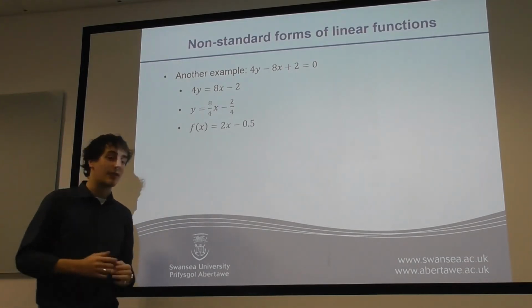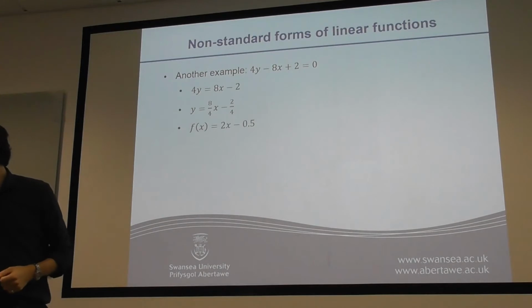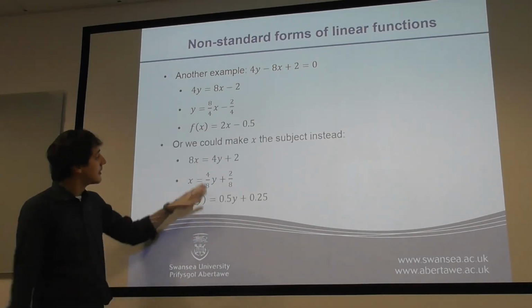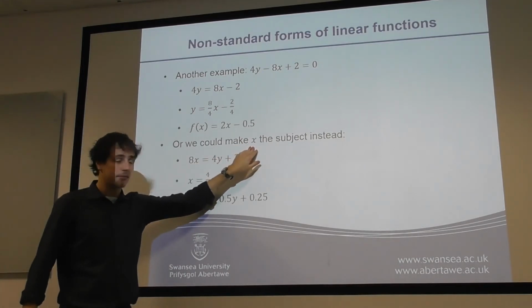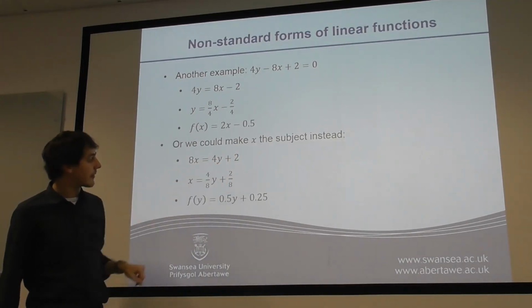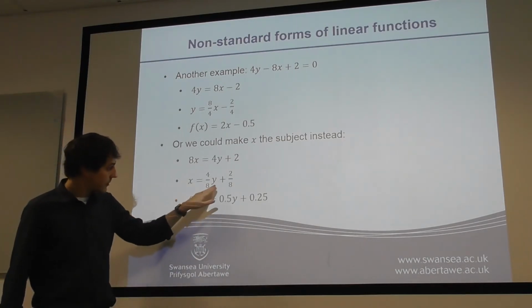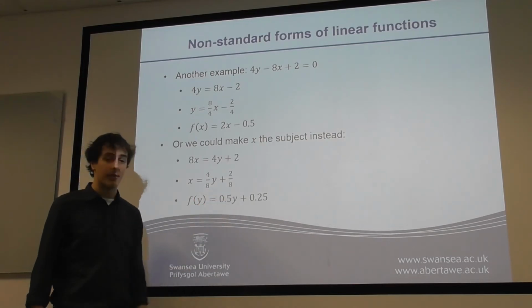But we could also make this a function of y instead of a function of x. So here, we make x the subject. We get x on the left-hand side, and have 4y plus 2 on the right. Then we divide by 8 to get x by itself. So we're left with 4 over 8y plus 2 over 8.